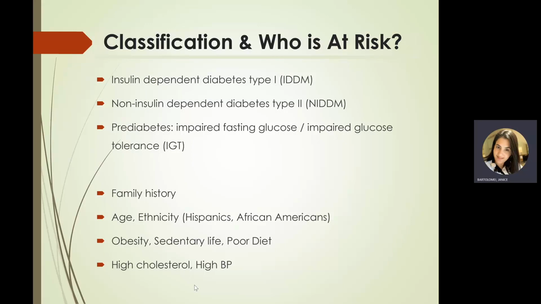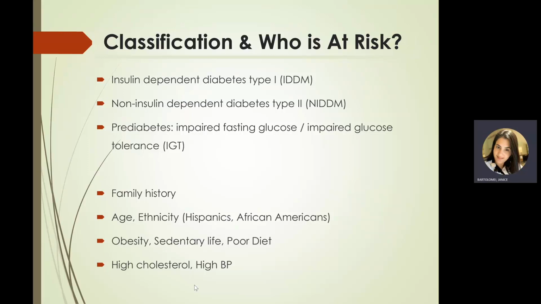Some of the risk factors for diabetes are a strong family history and ethnicity, especially Hispanics and African Americans. Yes, we talk about ethnicity, but I want you to think about the culture as well: what these people eat, the norms that they have.